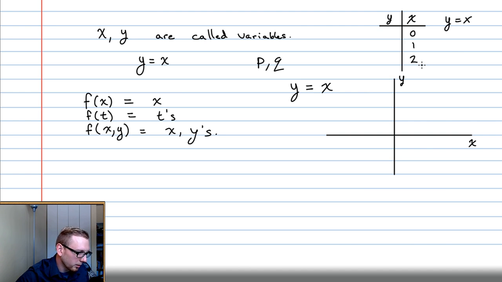We'd look at the formula and just plug it in. 0 is 0, 1 is 1, 2 is 2, all the way along. What that means then is we have values that correspond to a graph.